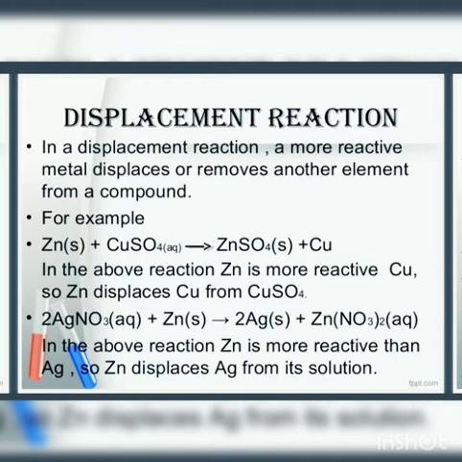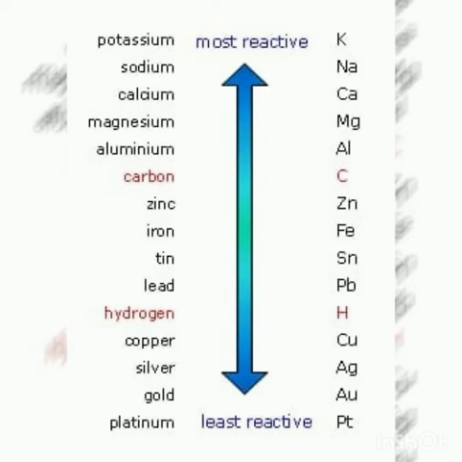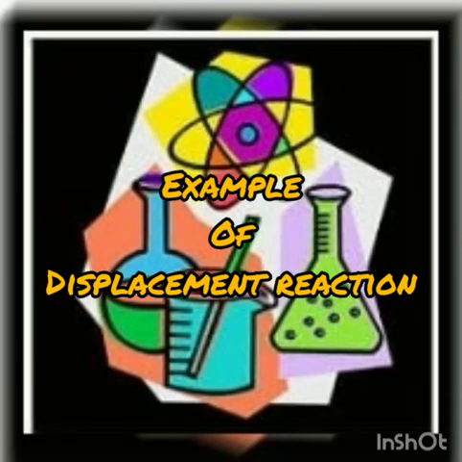So student, now move to the next reaction, that is displacement reaction. As its name indicates, displace means to move. So when a more reactive element displaces a less reactive element, it is called a displacement reaction. As you can see on your screen, in the reactivity series, the element placed above hydrogen displaces the element placed below hydrogen. So student, let's understand it with the help of an example.